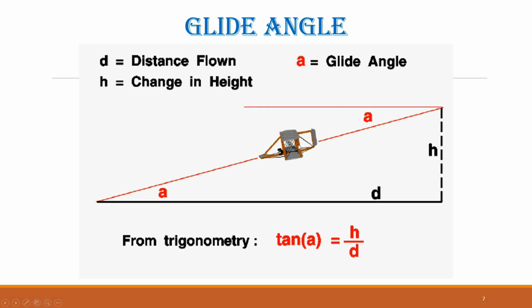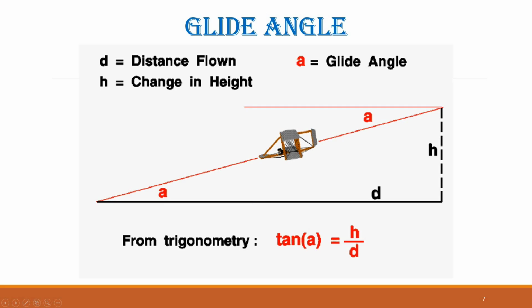This line eventually meets the ground at an angle labeled A, known as the glide angle. If we know how far the glider travels horizontally and how much altitude it loses during that time, we can determine the glide angle using basic trigonometry. Specifically, the tangent of the glide angle is equal to the change in height, h, divided by the distance flown horizontally, d.